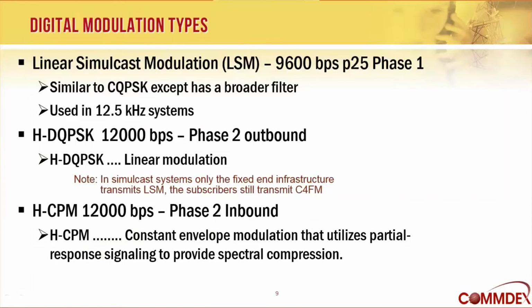So they are best found on the outbound signal, where the key goal with the outbound signal in a simulcast system is to provide the minimum amount of phase delay. So we provide that type of modulation on the outbound side of simulcast. The inbound, we use a different type of modulation called HCPM, constant envelope modulation. And that's purely for phase 2.